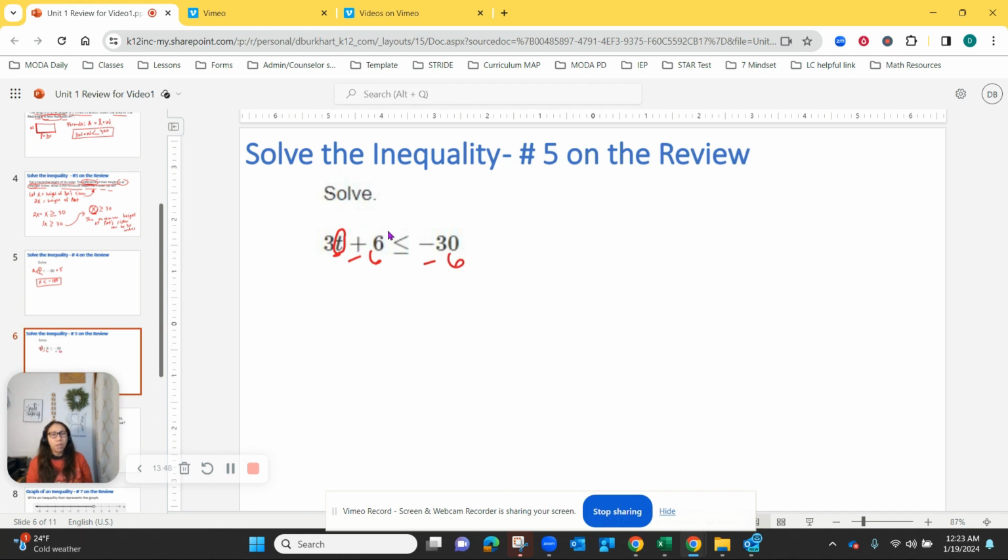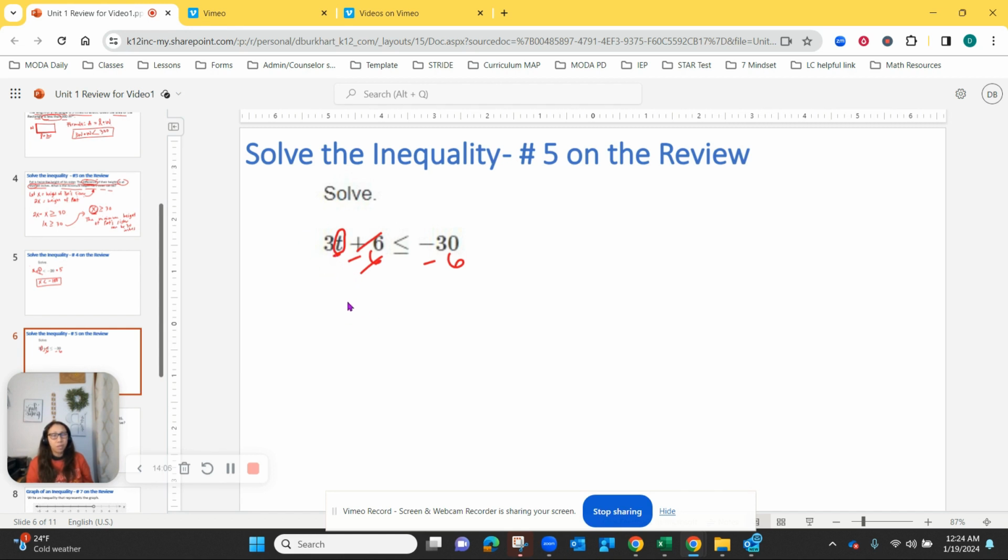So positive 6 and negative 6, if you remember your opposites, cancel each other out. Positive 6 minus 6 will give you 0. So what's left on the left side is just 3t.